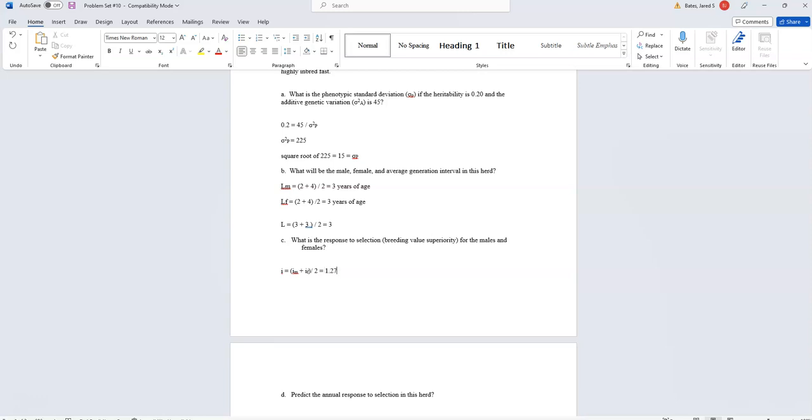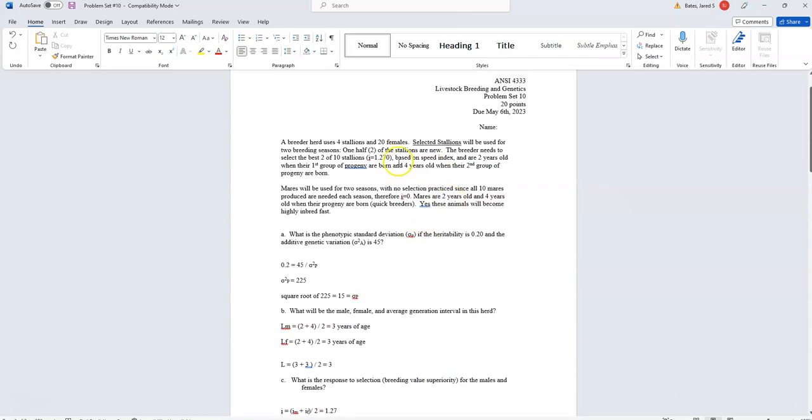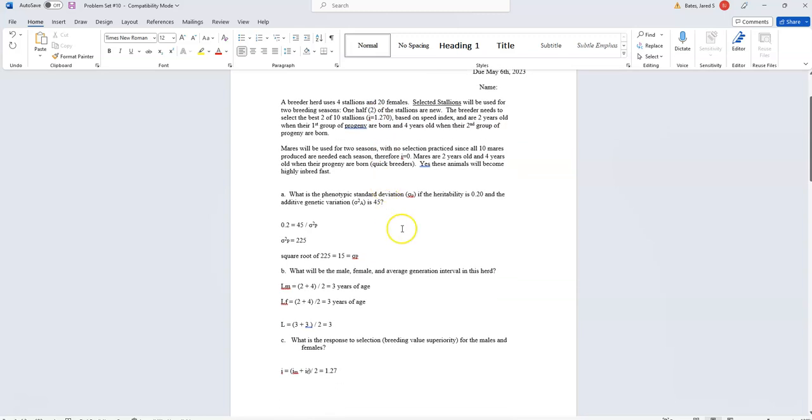That's going to be 1.27 from up here, the intensity value I gave you for the males. For the females, there is no selection, so my I is just 0. I divide that by 2, and you get an intensity value of 0.635.